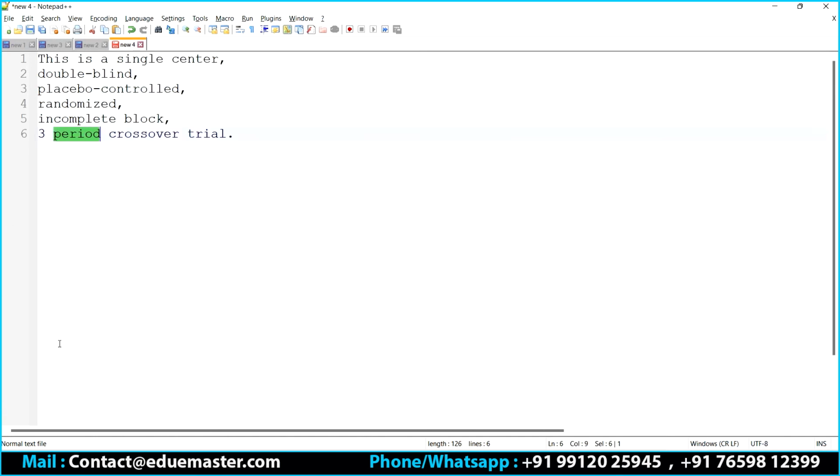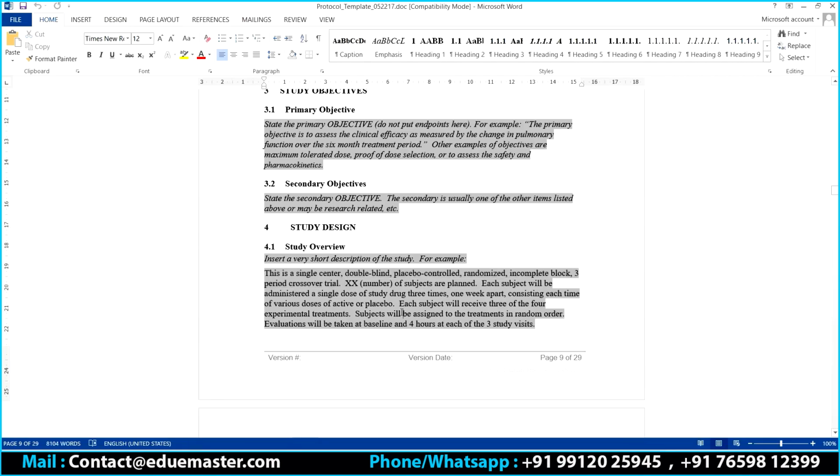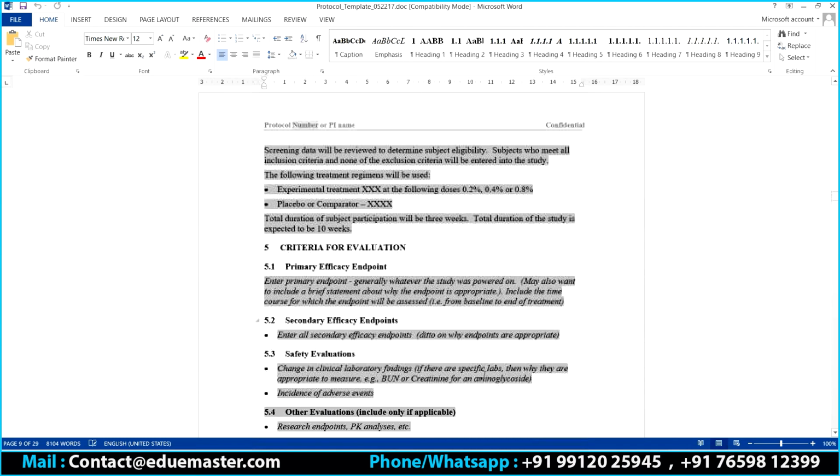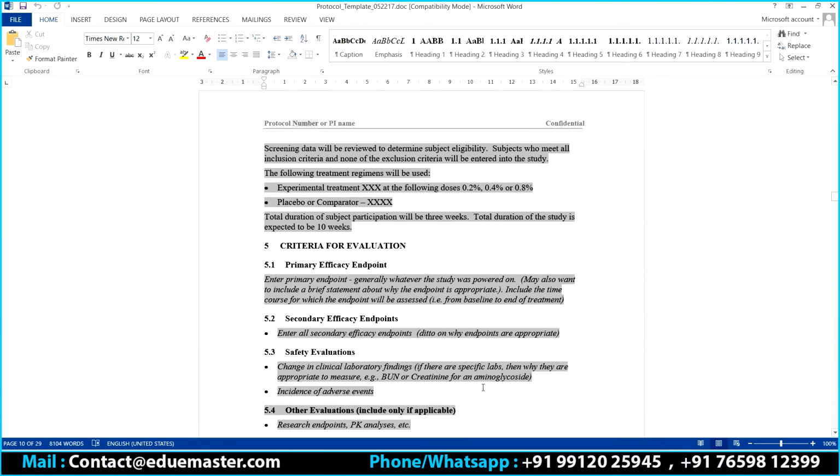What is called 3-period crossover trial. These are the definitions, because these are the interview questions. When you say clinical trials, these are the clinical trials questions, right? So we need to understand this particular one. So what are primary efficacy endpoints, secondary efficacy endpoints, how you are actually defining your endpoints, right?